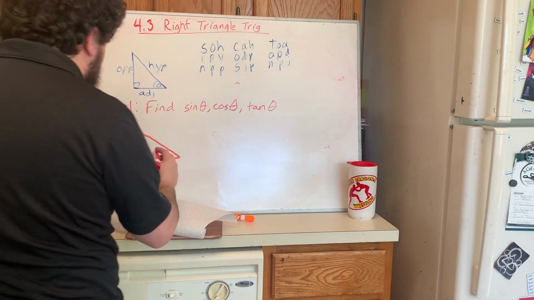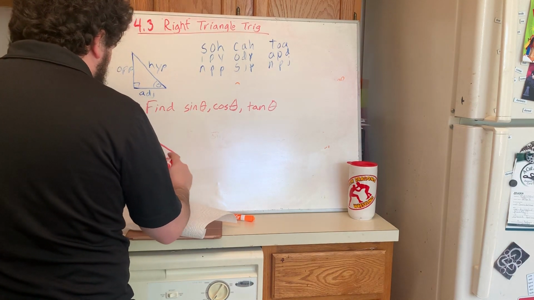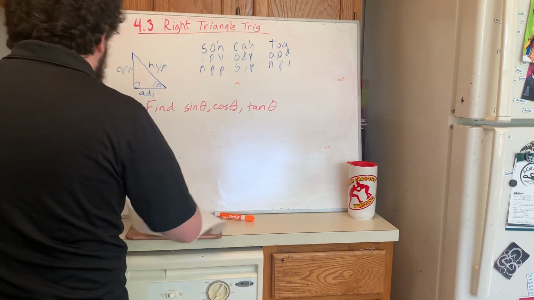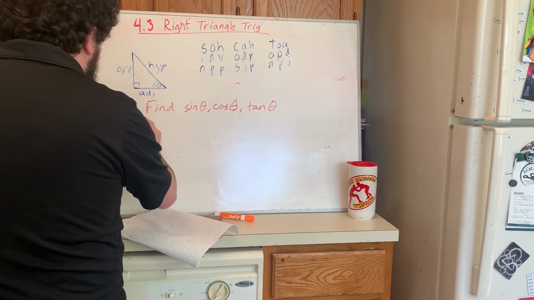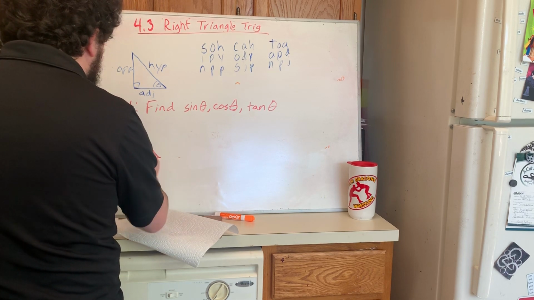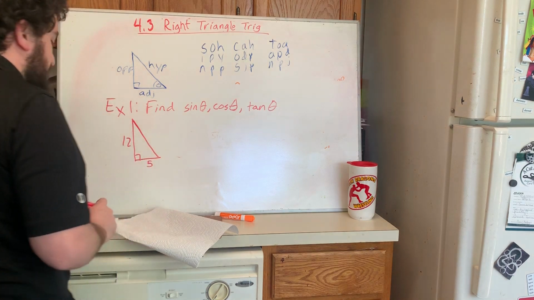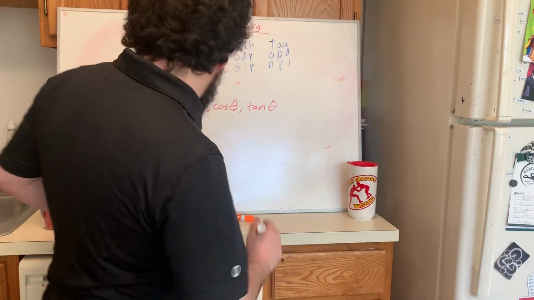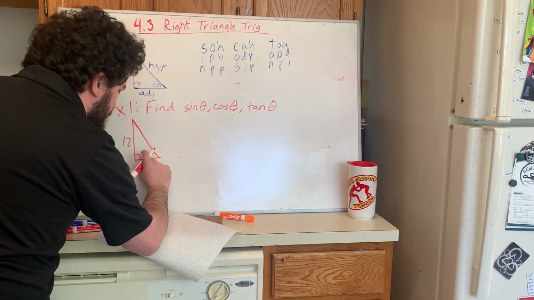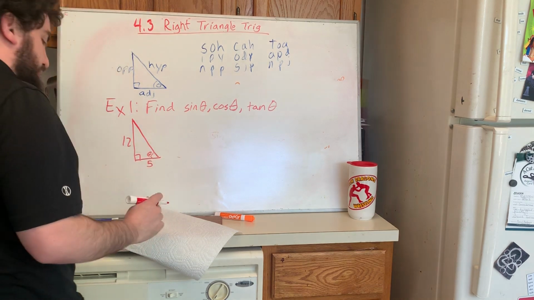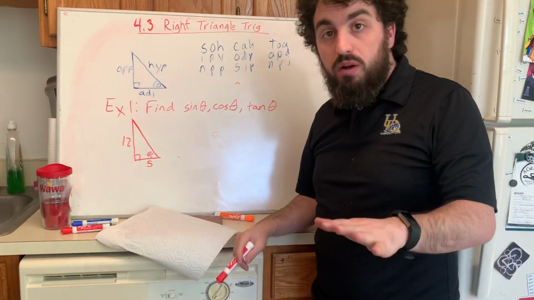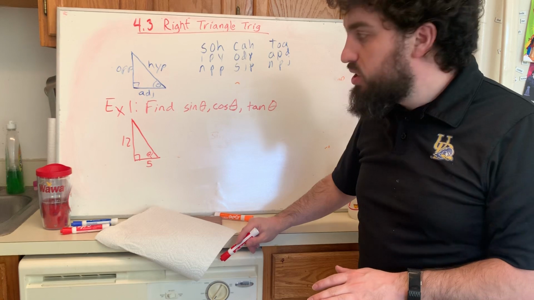Scale does not matter here. Actually, I'll make it a little better scale-wise to the triangle we are given. Really doesn't matter at the end of the day, but this way it looks a little better. So that's 5 and that's 12. And my theta is located right here.